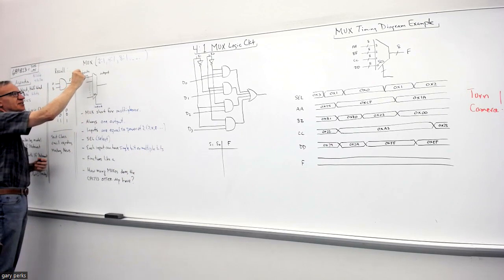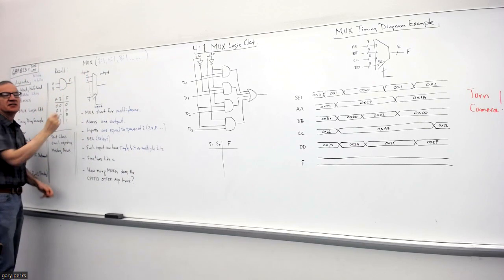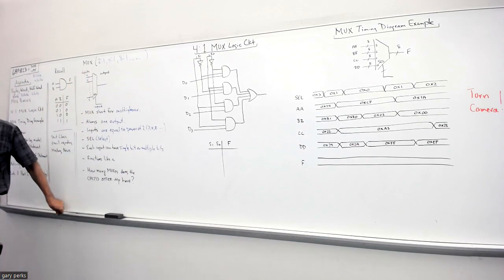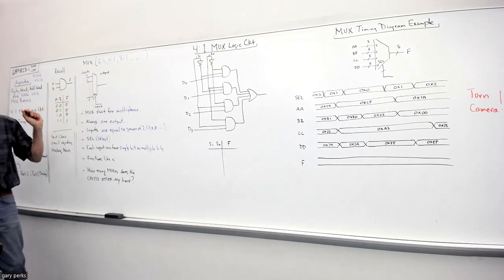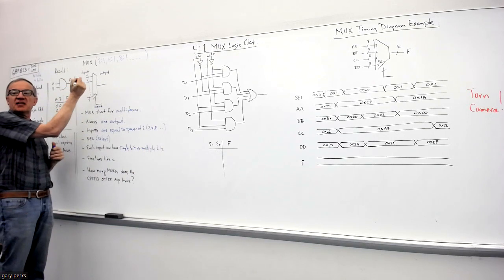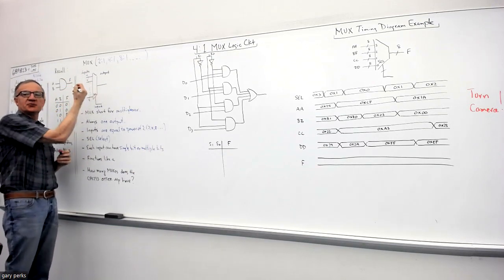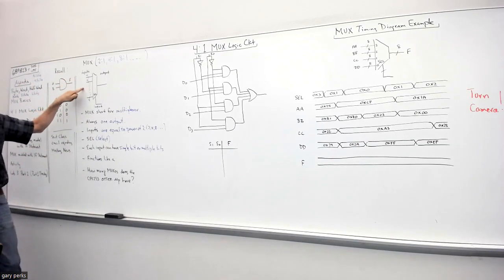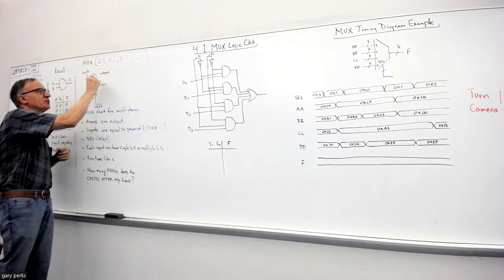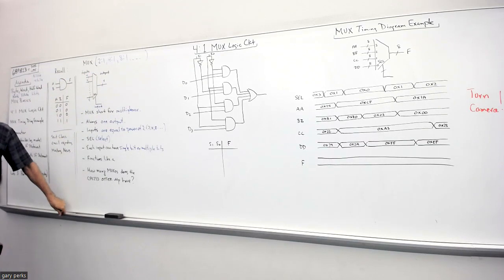So maybe each one of these has 4 bits. They always have an equal number of bits. Either all these inputs are single bits, or all these inputs are 4 bits, or all are 8 bits. And also, the output number of bits equals whatever the input number of bits is. So if all these inputs are 4-bit, the output would also be 4 bits. And if all the inputs are a single bit, the output would be a single bit.